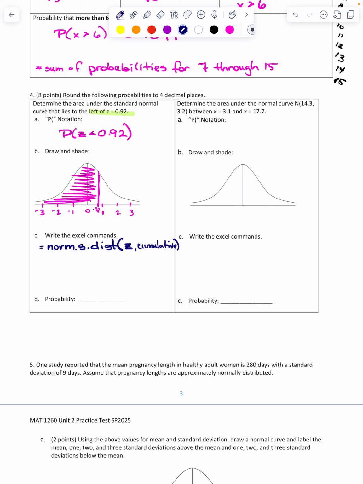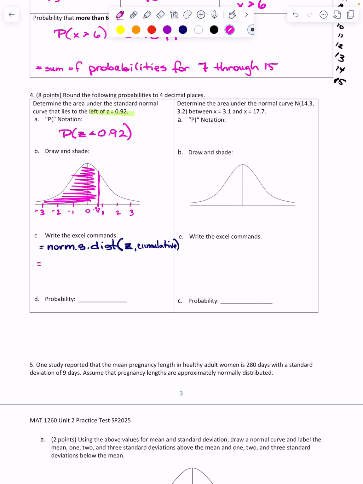So first off, if I have an x and a mean and a standard deviation, I have nowhere to plug them in this command. So that should be a big hint that that's not the command I want. If you choose the correct command, it is going to ask for what you've got.